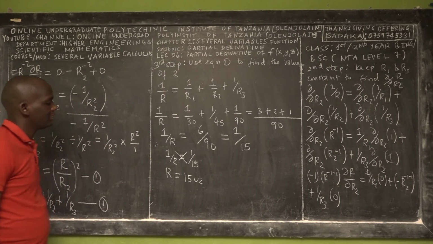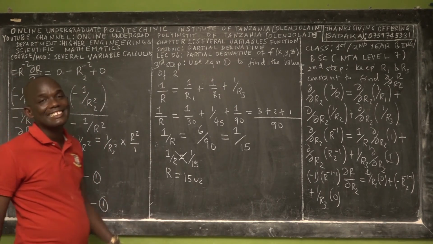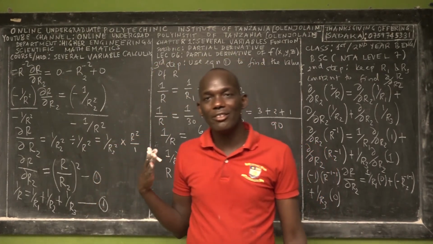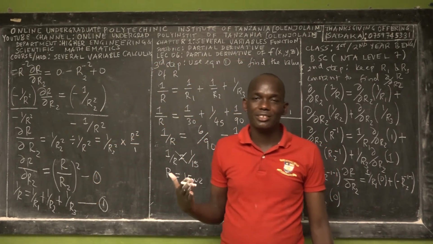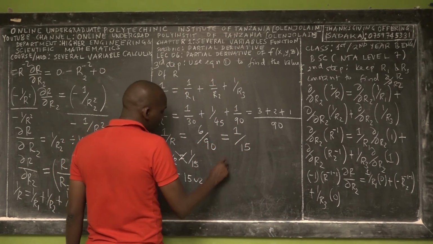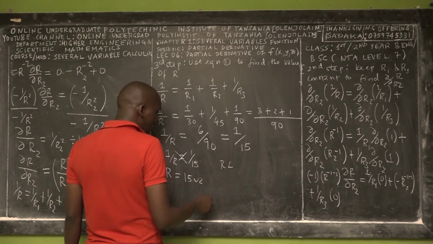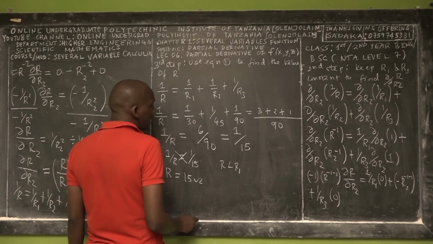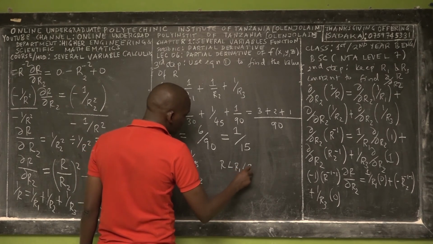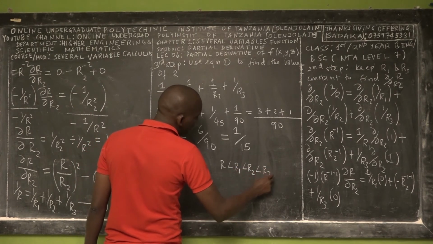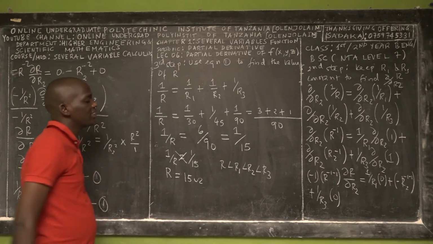You see that the equivalent resistance is less than all the three values of resistance. This is just for the engineers: R is less than each of R1, R2, and R3.